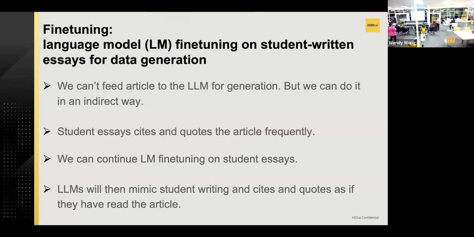Inspired by this, we can continue language model fine-tuning for the LLM on the student essays, so that the LLMs will learn to mimic student writing and start citing and quoting as if they have read the article.